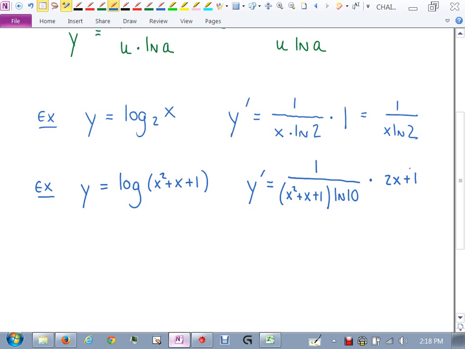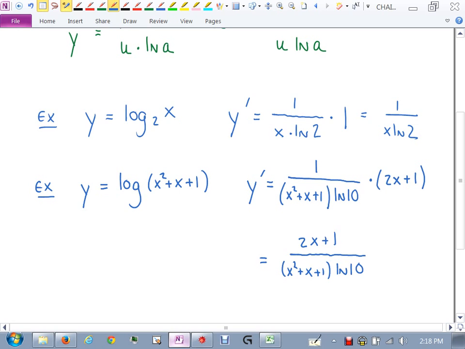Do I need that in parentheses? Yes, because it's 2 terms. And if you prefer the other form, you put the 2x plus 1 on top and the x squared plus x plus 1 on the bottom with the natural log 10. You all following this?